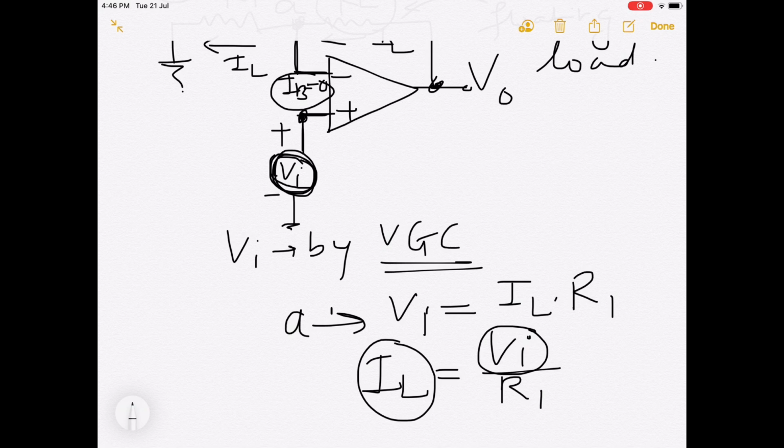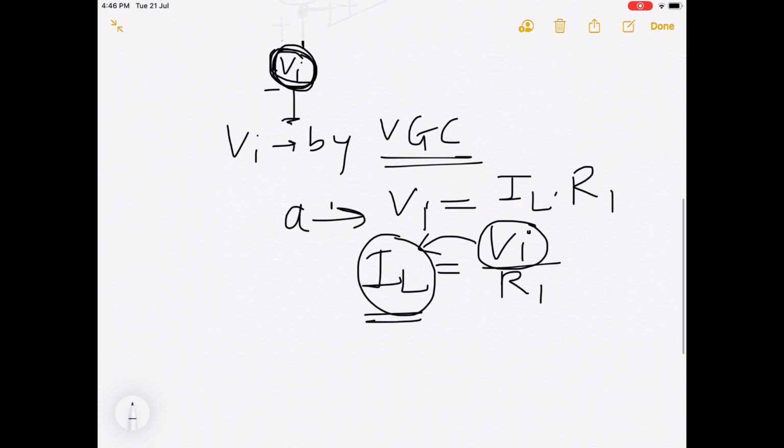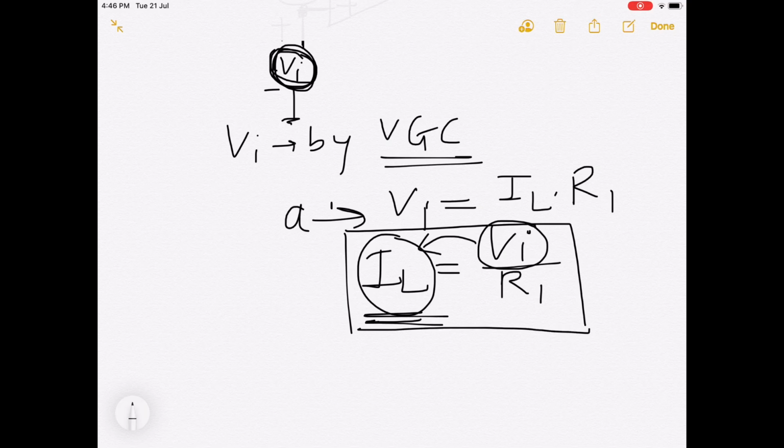That means Vi is converted to IL. The input voltage is converted to output current IL. Since the same current flows through the signal source and load, the signal source provides this load current IL. So, this is nothing but the voltage to current converter with the floating load.